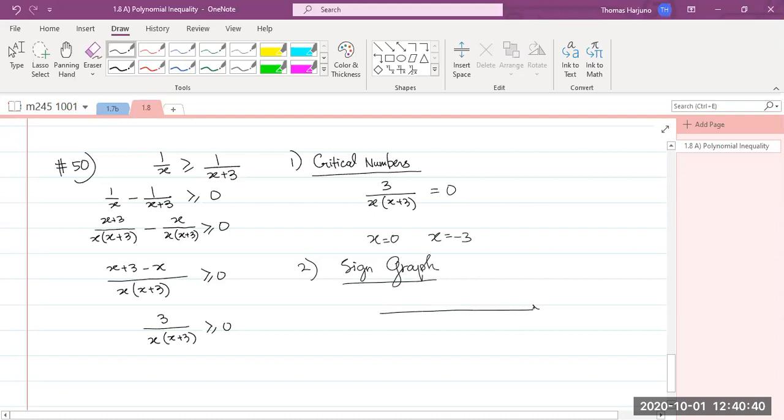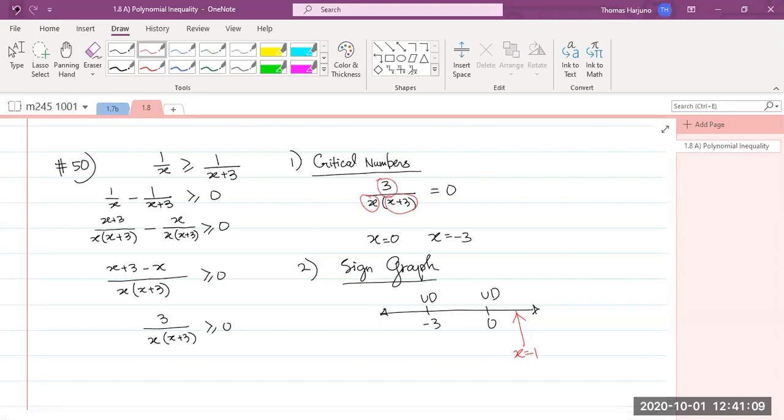Be careful, negative 3 on the left-hand side, to 0. Both of them will make the expression undefined. Then I do testing points. Let's say I pick x equals 1. Can you guess what the sign here will be? Positive, positive, positive, right? So it will be positive.